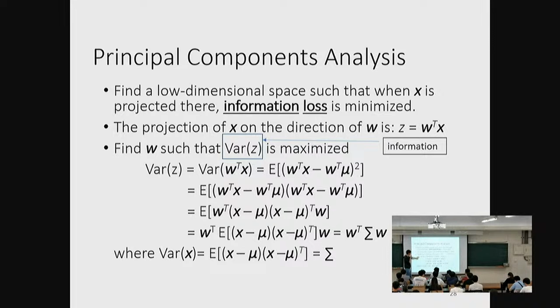So let's see. Variance of Z is variances of W transpose X, right? And then variance, just write out the actual math. Expected value of W transpose X minus W transpose mu to the square. Now that quadratic term is expanded: expected value of W transpose X minus W transpose mu and W transpose X minus W transpose mu. Expected value of W transpose X minus mu transpose W. Only X is a random variable. W take it out.